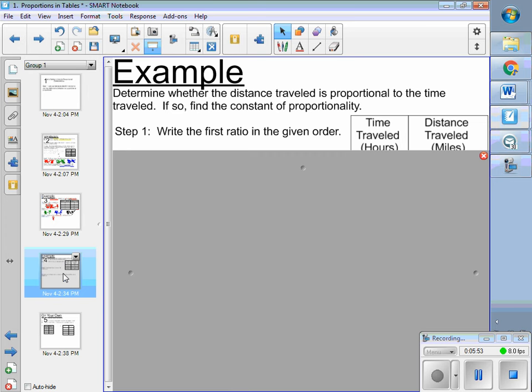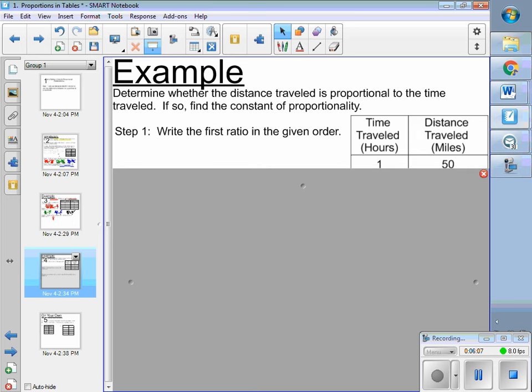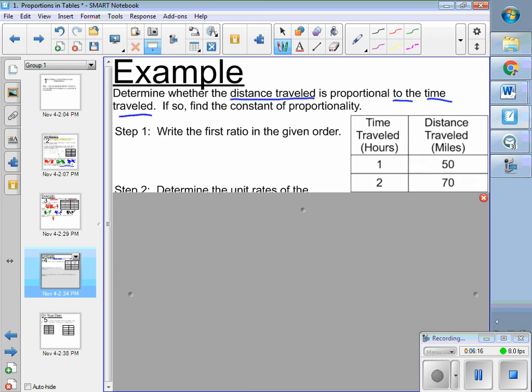My next example. Determine whether the distance traveled is proportional to the time traveled. If so, find the constant of proportionality. Write the first ratio in the given order. So again, we're looking at distance traveled to time traveled. So distance over time, it's 50 over 1.